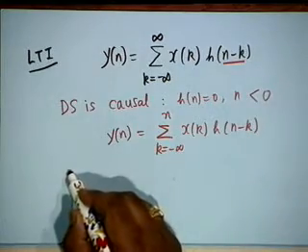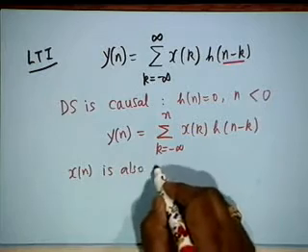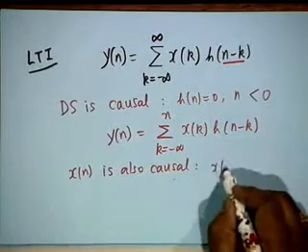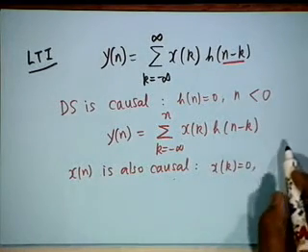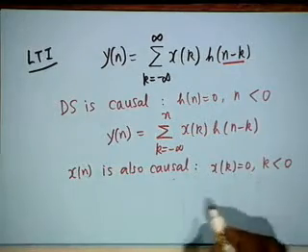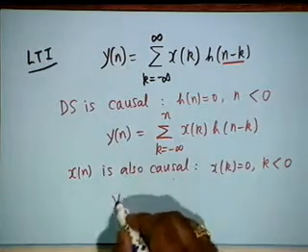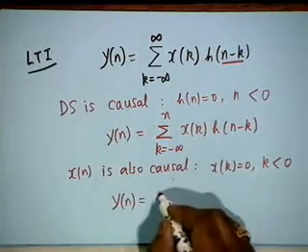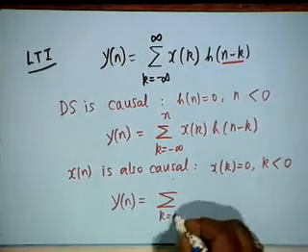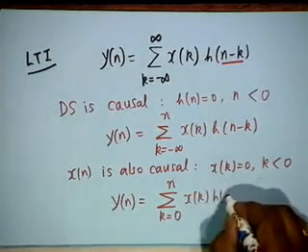All right. Let us say that the input is also causal, that is x of k is 0 for k less than 0. If the system is causal and the input is also causal, then our summation becomes k starts from 0 and goes up to n, x of k h of n minus k.